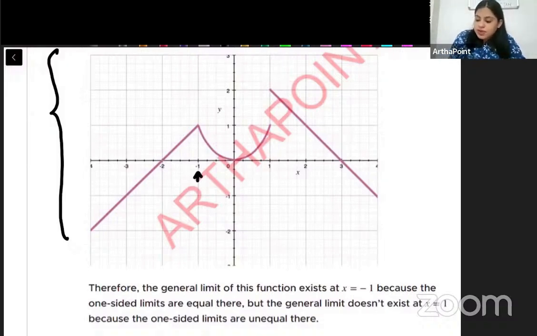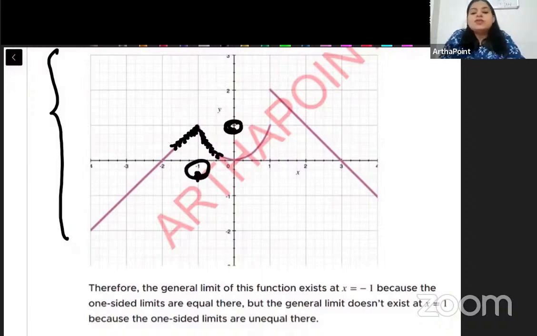So I'm approaching -1 from the left hand side, and the function approaches 1. I'm approaching -1 from the right hand side, and the function approaches 1, right? And at x equal to -1 also the function's value is 1, right?